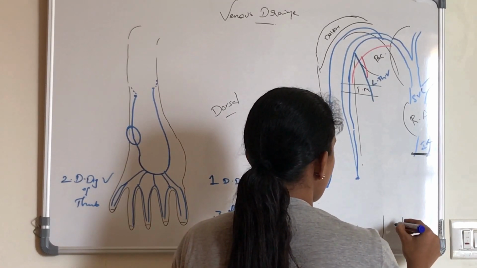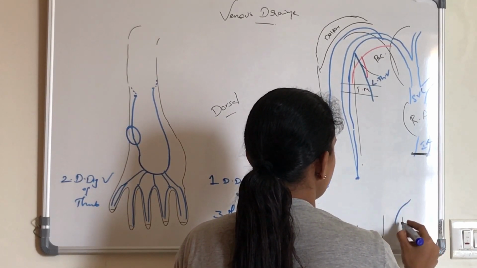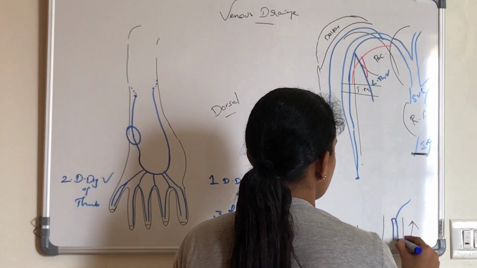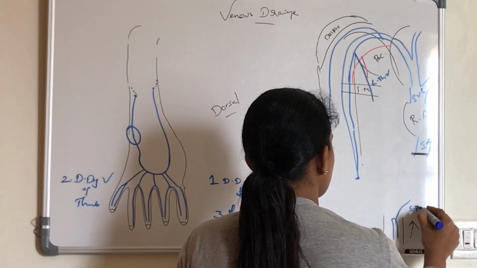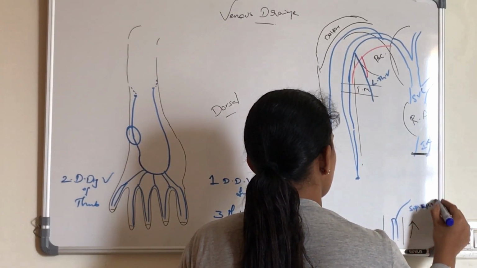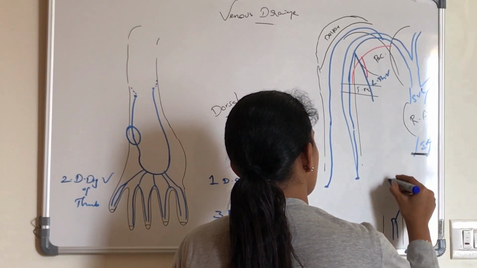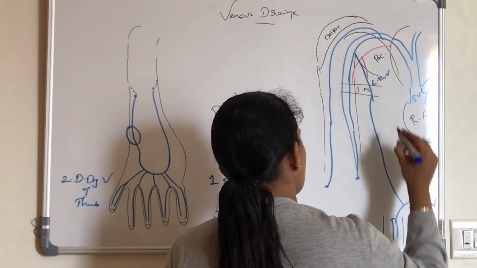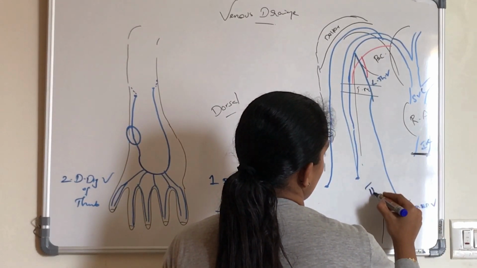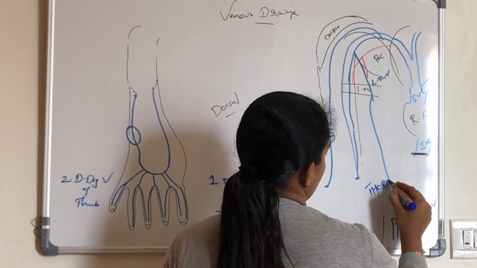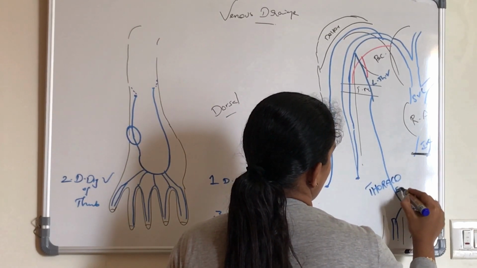So what happens, from the superficial epigastric vein, which is a tributary of femoral vein, has a connection to the lateral thoracic vein of our axillary vein through a tributary called thoracoepigastric vein.